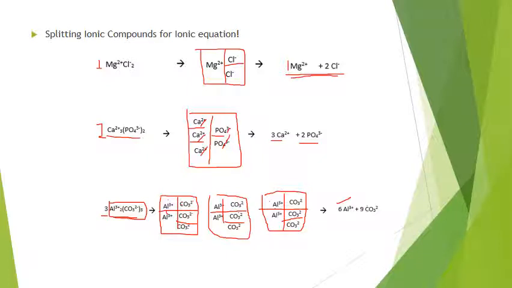Now, some of you might just go, "Oh, I don't need to do all this drawing out to figure this out." You think you can go directly from here to here, and you might be able to do that. But if I was working in a lab and I wanted to check my answer, I would actually do this step.